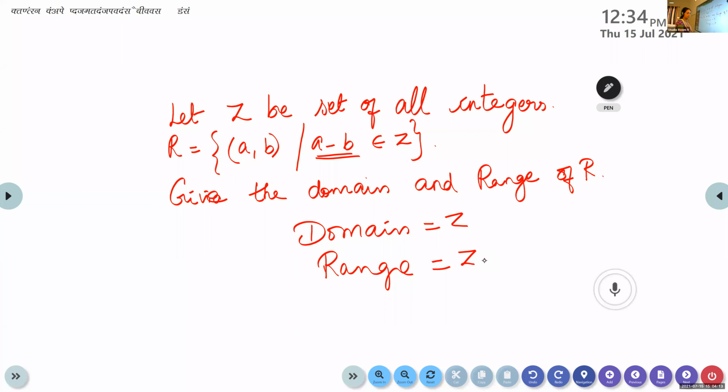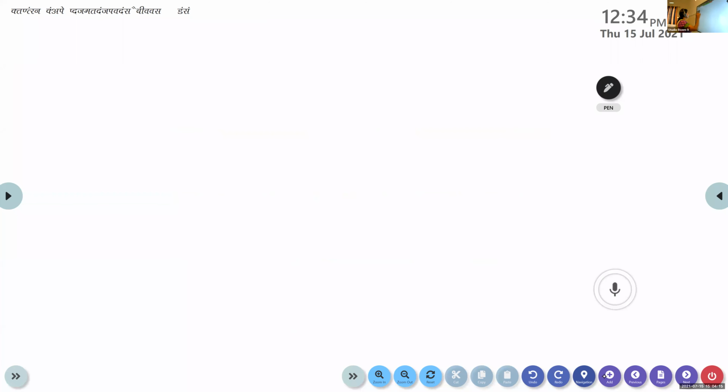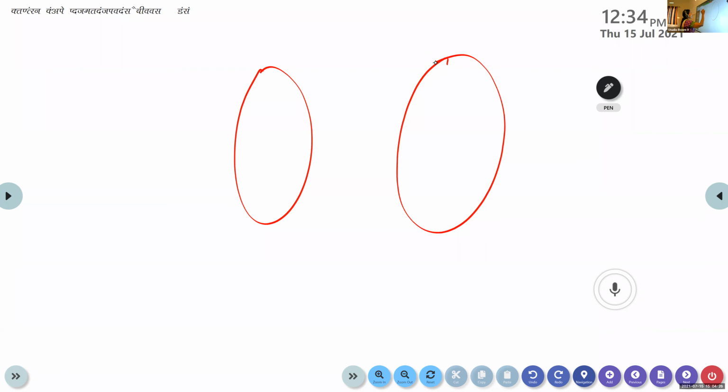Write the next problem. Represent the given relation in set builder form.